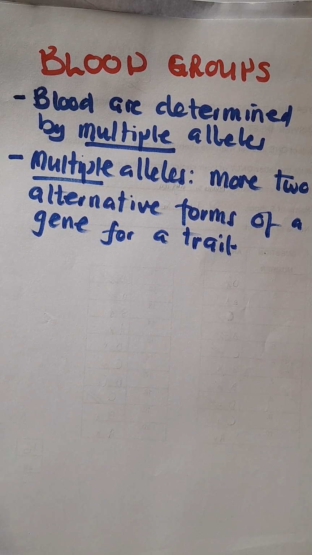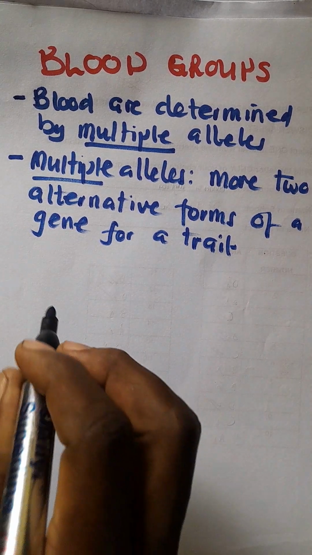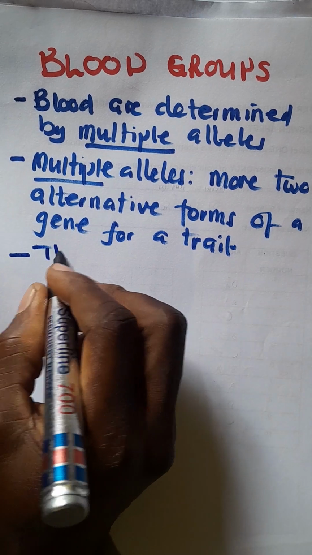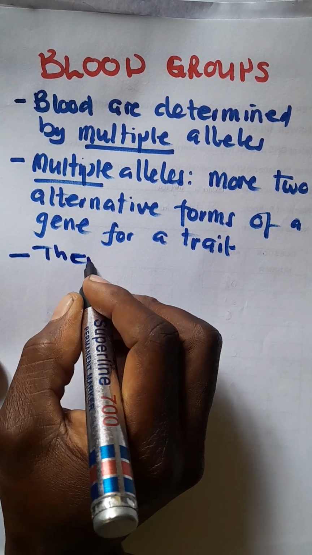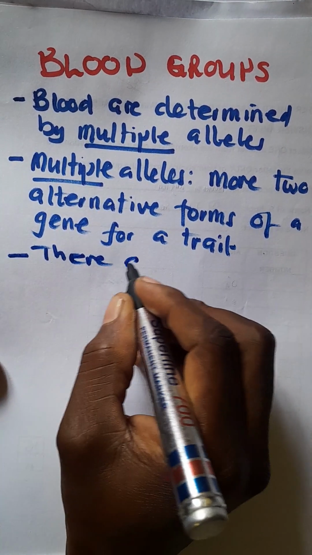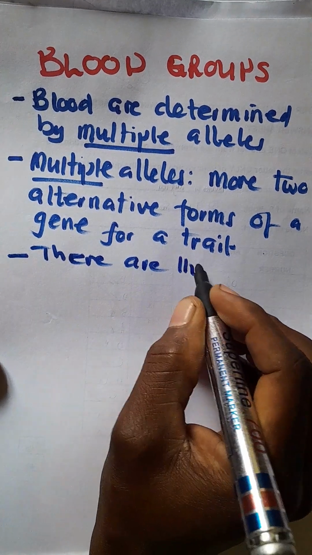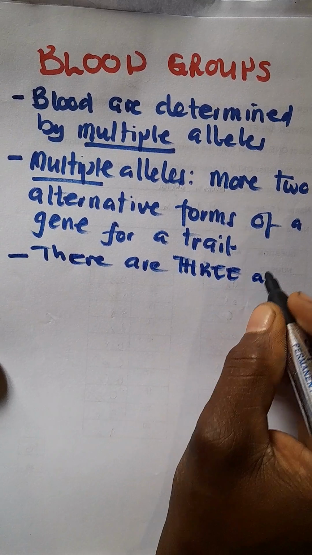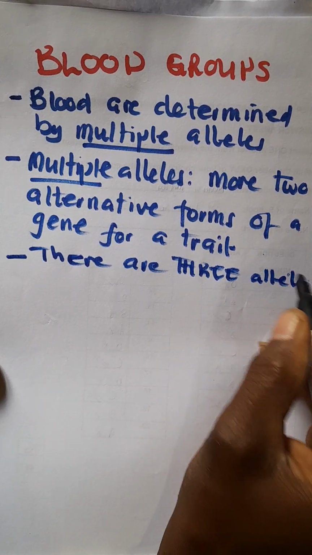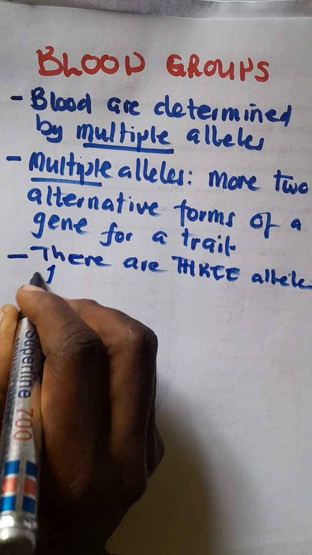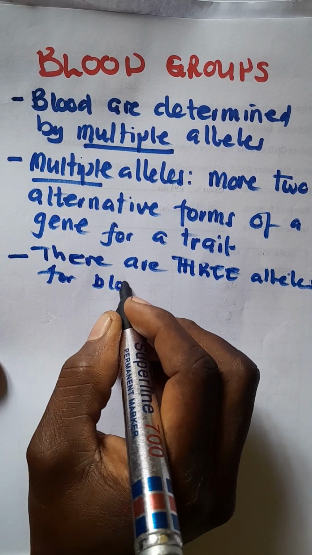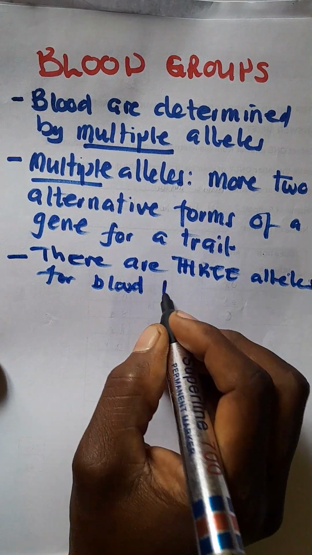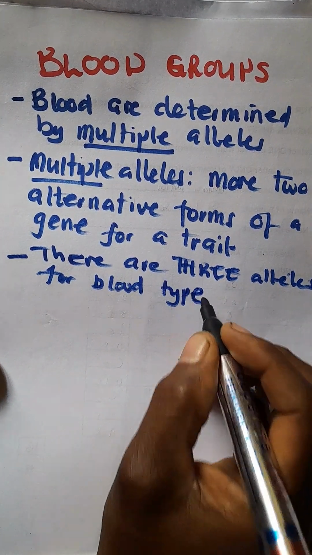What does this actually mean? It means that there are three alleles that determine blood groups. There are three alleles for blood type. I want you to get me very well here.